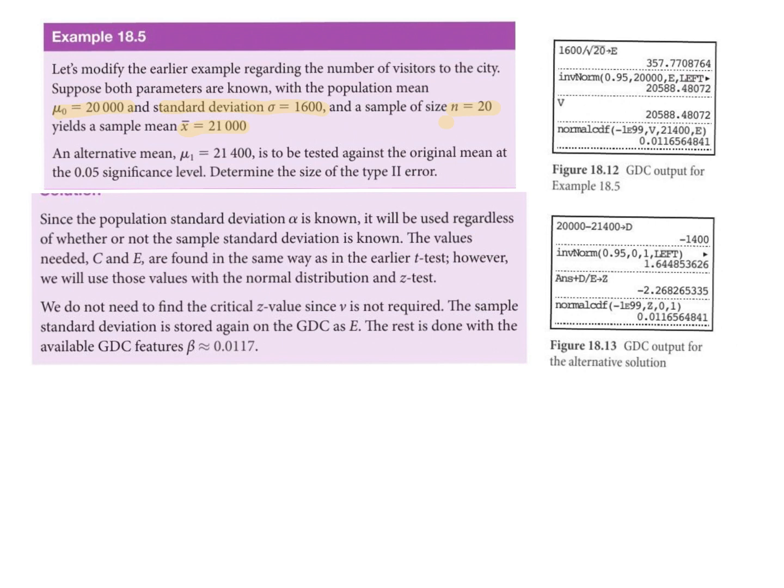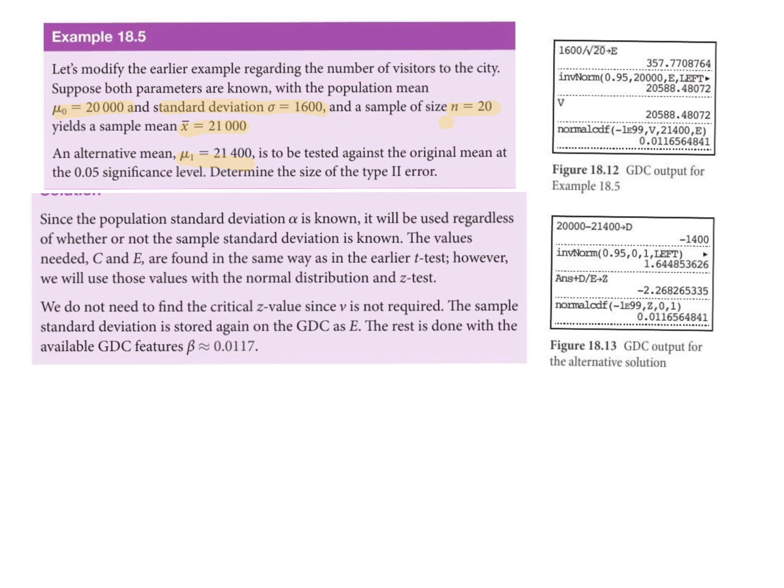An alternative mean, mu1, is to be tested against the original mean at the 0.05 significance level. Then determine the size of the type 2 error. Because the population standard deviation sigma is known, it will be used regardless of whether the sample standard deviation is known.